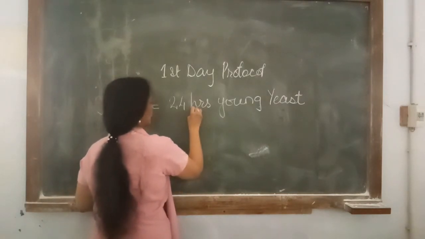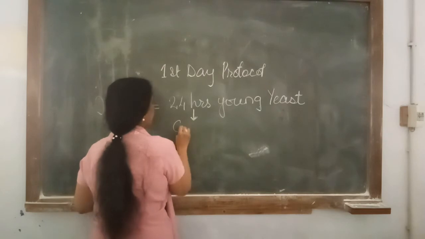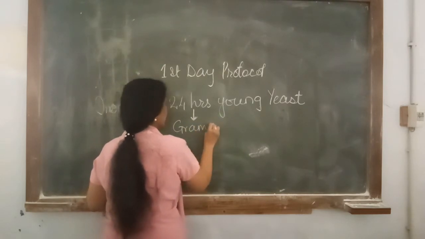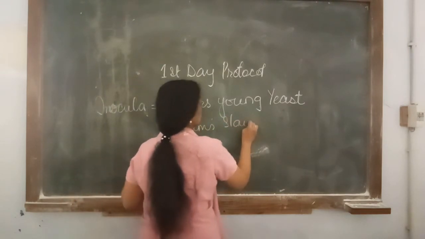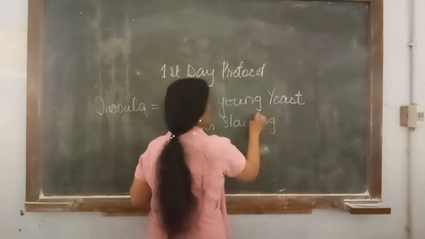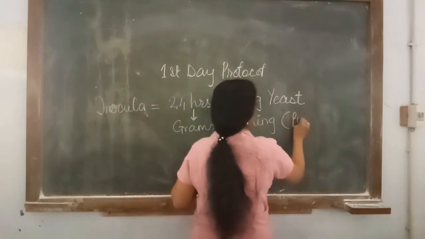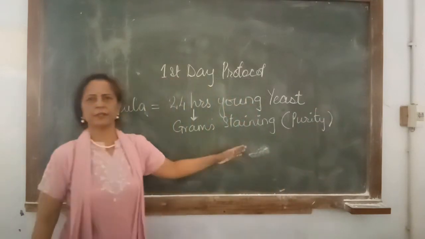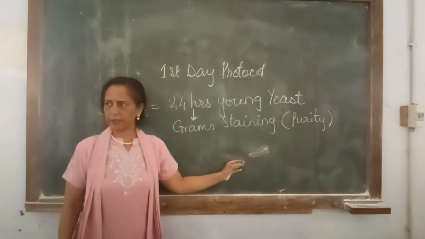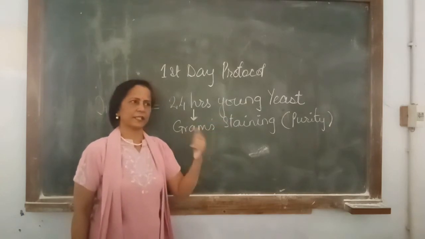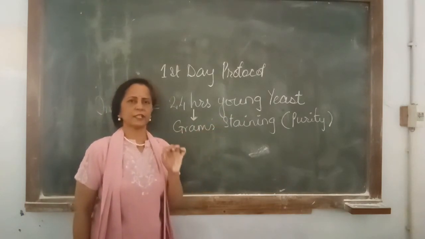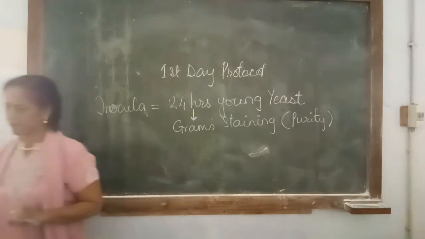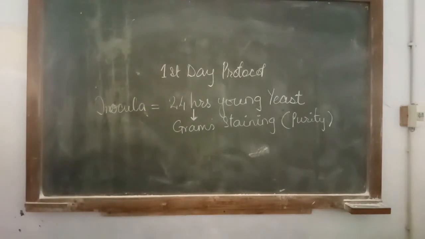From this culture, we first of all do gram staining. Gram staining is done to check the purity of the culture. There should not be any contamination before we start the practical. First we will confirm that these are yeast cells only and there is not a single contaminating cell.